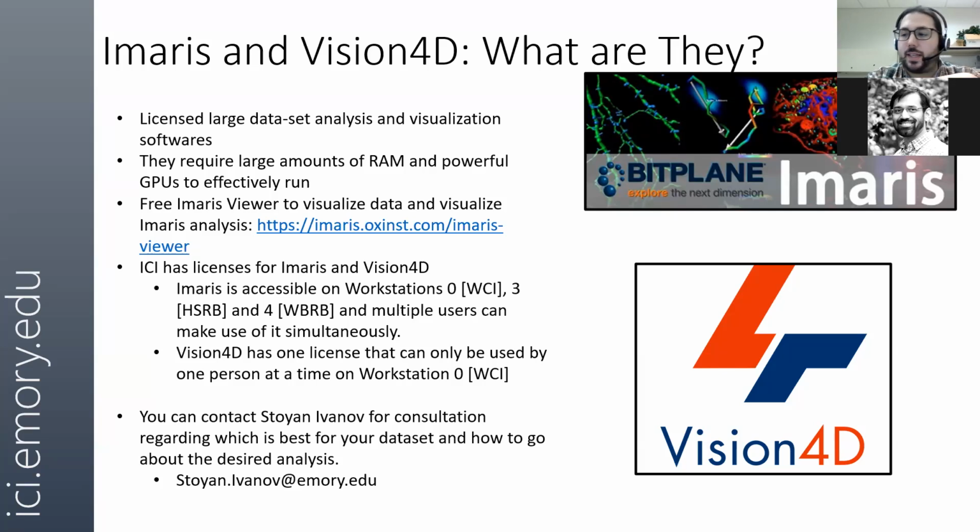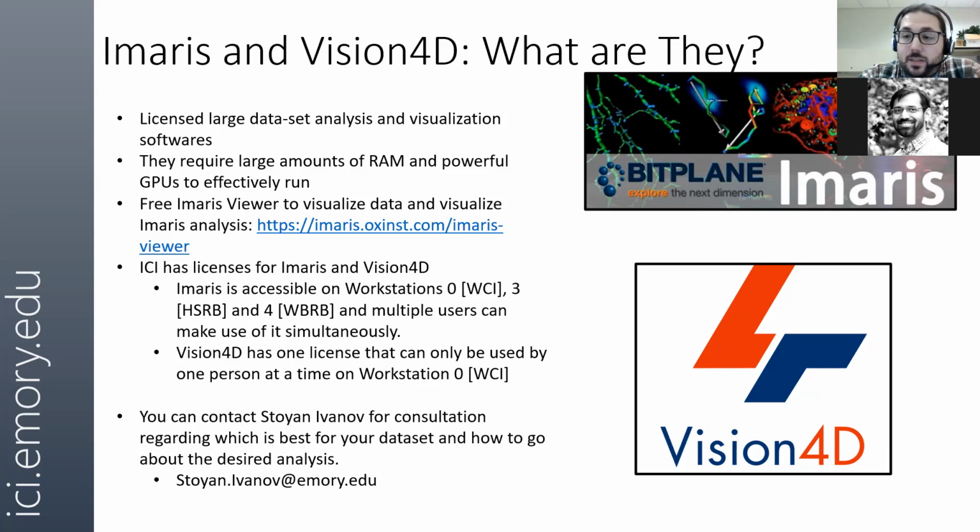You might be trying to calculate the total volume taken up by a certain kind of cell, or track a dendrite from start to finish and then calculate quantifiable statistics. How big is it? How many times is it branched, etc. That's the kind of really computationally intensive analysis that these softwares can do for very large data sets.